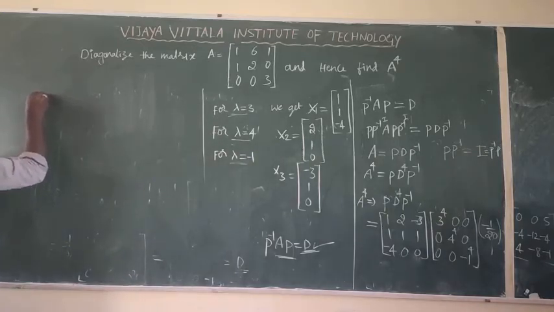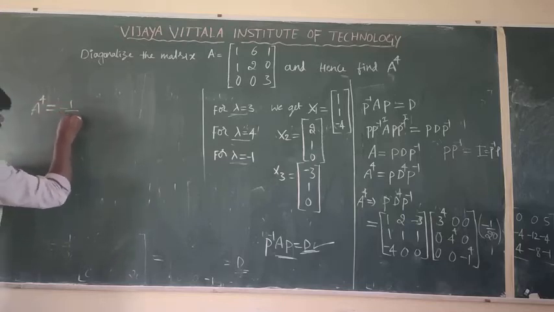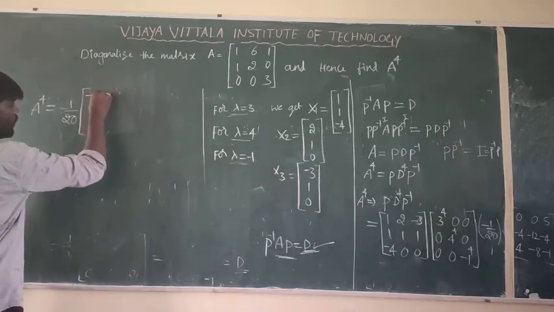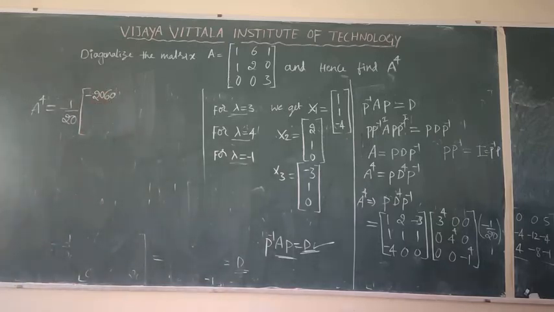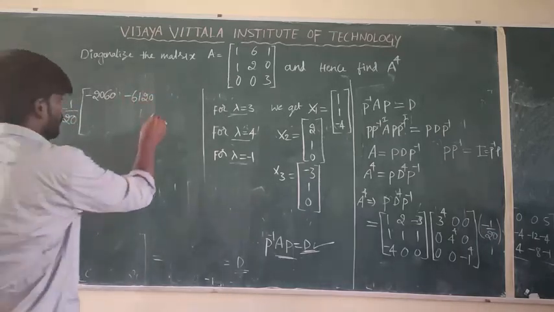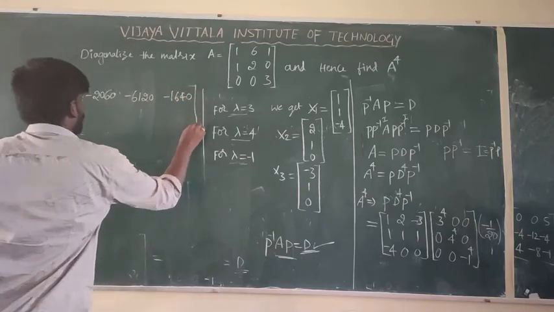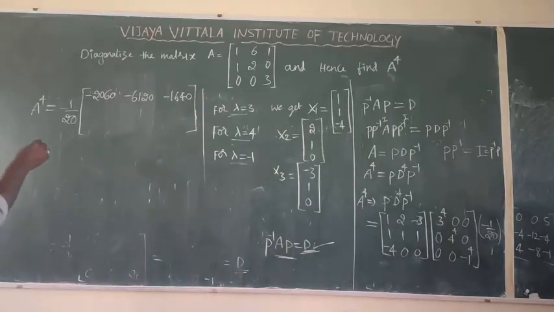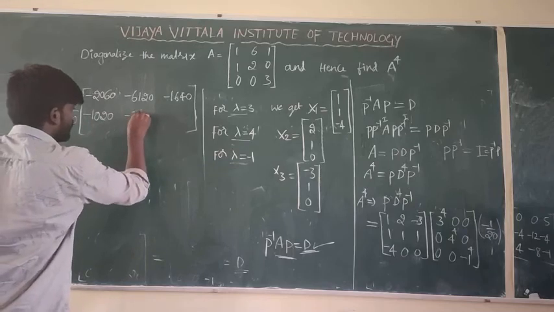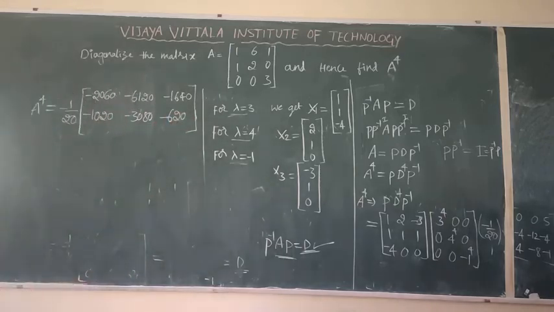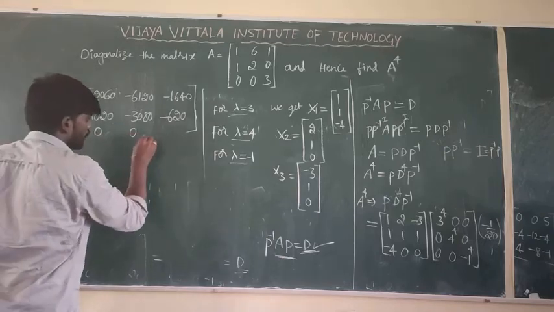After multiplying these three matrices, A power 4 is minus 1 by 20 into the matrix minus 2060, minus 6120, minus 1640, minus 1020, minus 3080, minus 620, and 0, 0, minus 1620.